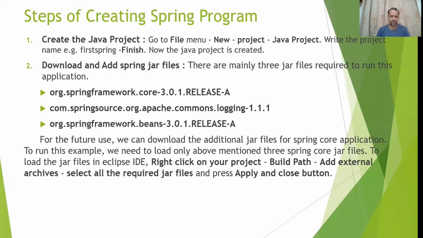We have to set the build path, or configure the path, for these three jar files. Right click on your project, choose build path, add external archive, select the required jar files, apply and close. Then these Spring jar files are available for your program.